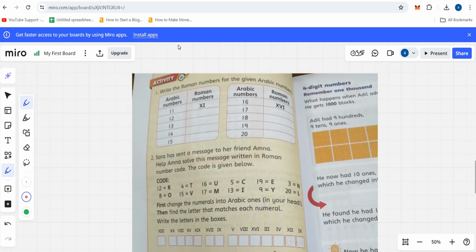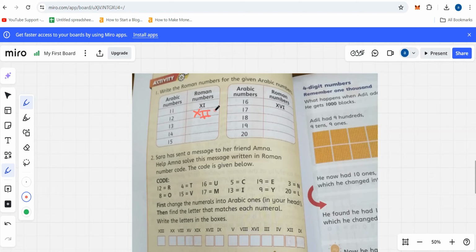Coming to the page 6 activity, we have Arabic numbers and we are supposed to write Roman numbers. As we have learned before, 1 stands for I in Roman number, and 10 stands for X. If you recall the rule that if the unit digit is smaller, then it's added to the tens, 12 will be written as XII, since the smaller symbol II is after the greater symbol, so it will be added. 10 plus 2 is equal to 12.